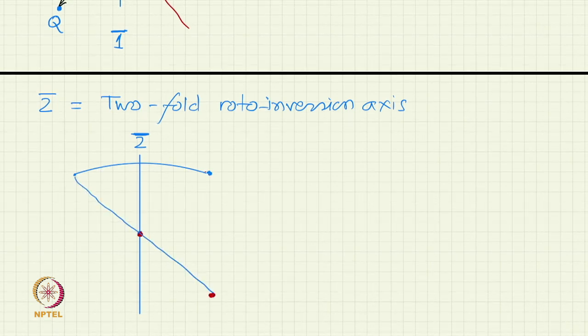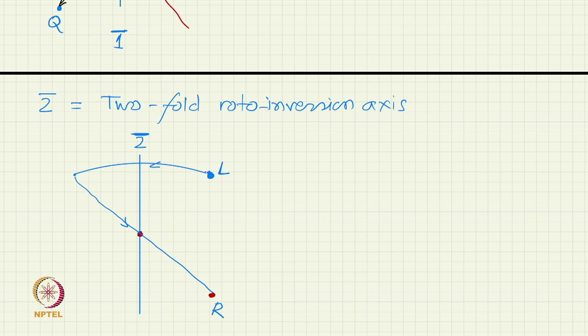So, just like rotation does not change the handedness, but inversion changes handedness. Inversion is type 2. Of course, a point does not have a handedness, but you can think that there was a left handed object there. After inversion it will get converted into a right handed object there.